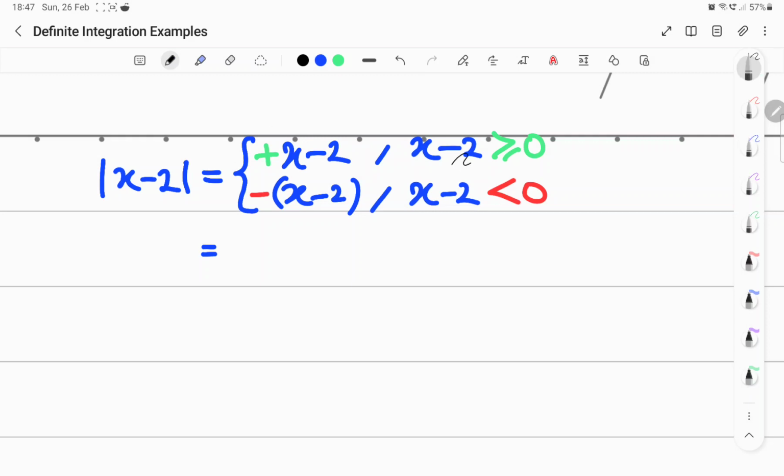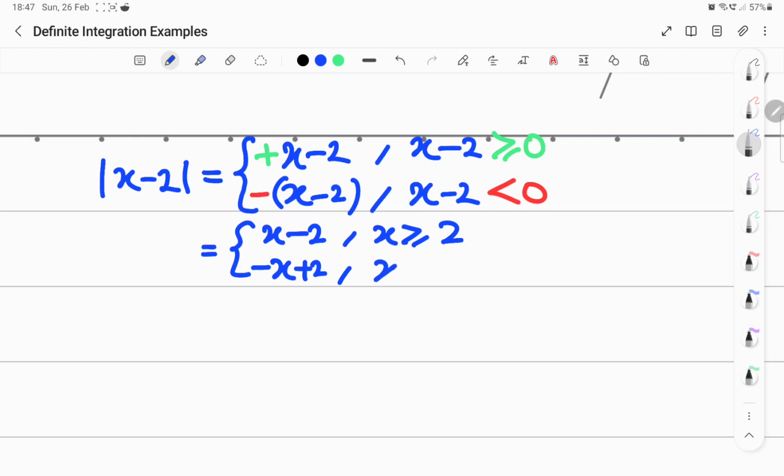Now when we have these, we simplify them. The first one is just x minus 2, for x greater or equal to 2. And the next one, we can expand the negative inside the bracket to have minus x plus 2, for x less than 2.